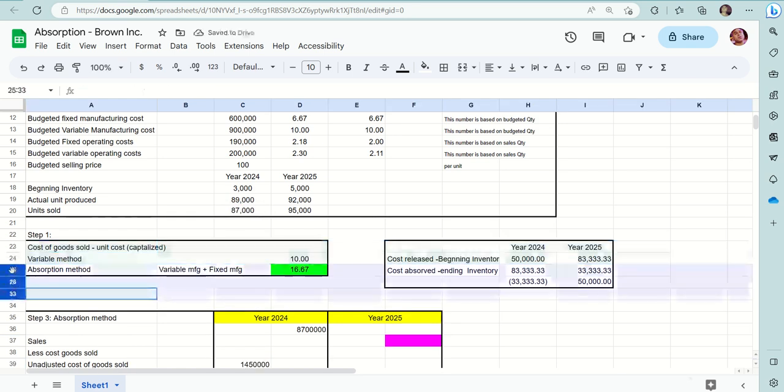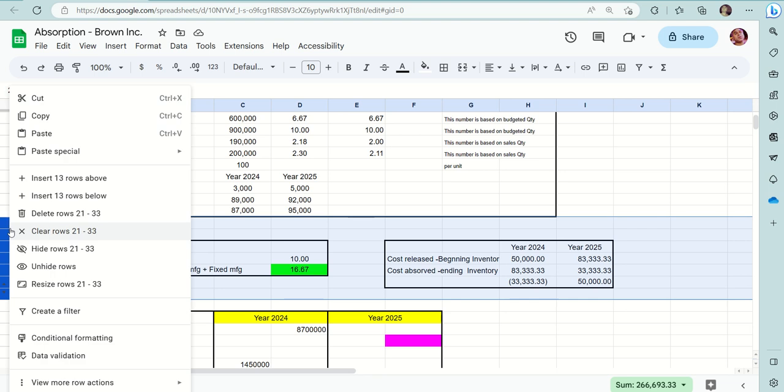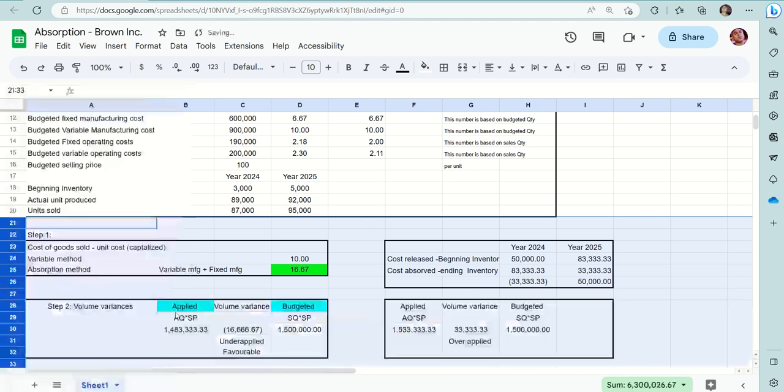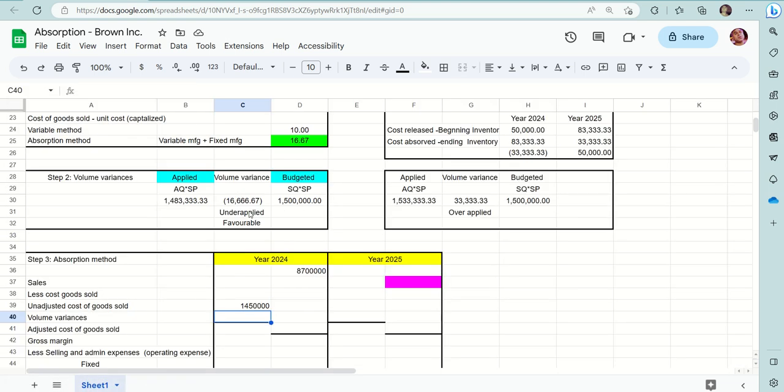We're going to unhide these rows over here because you need the volume variance. Because we have an underapplied volume variance, we're going to reverse the polarity. Whatever you see there, it's a simple trick: you just reverse the polarity.